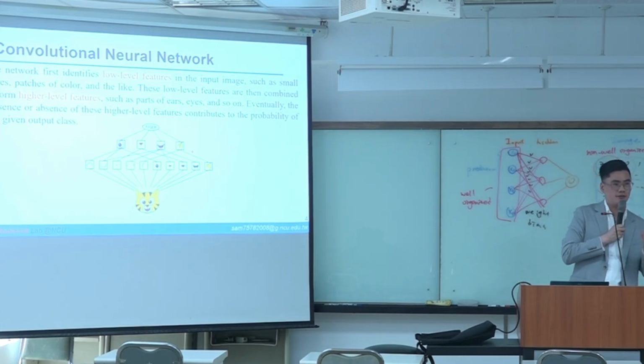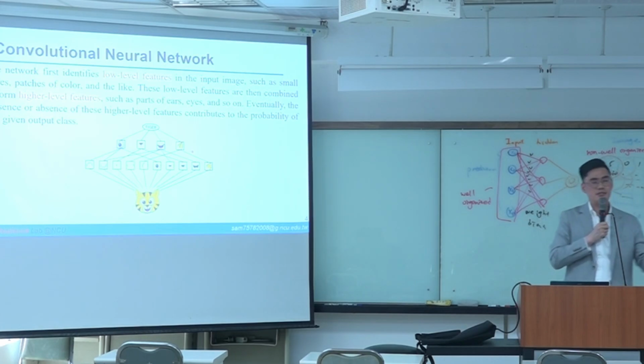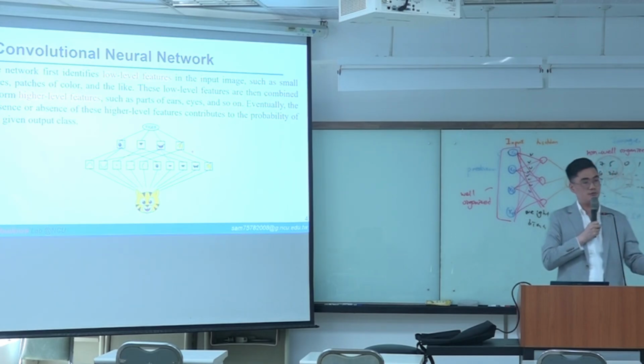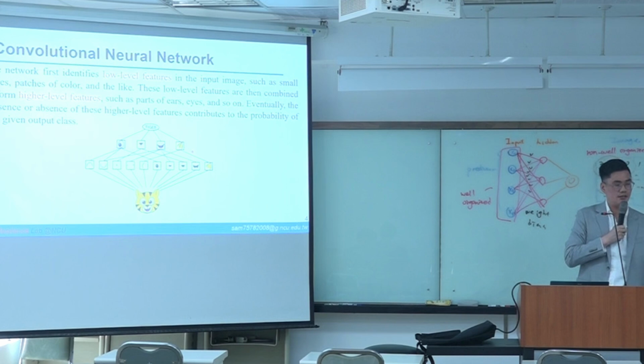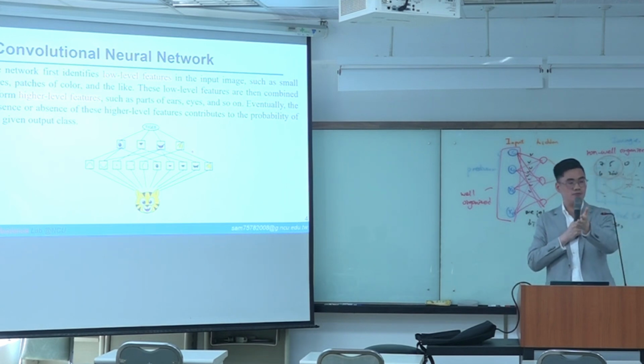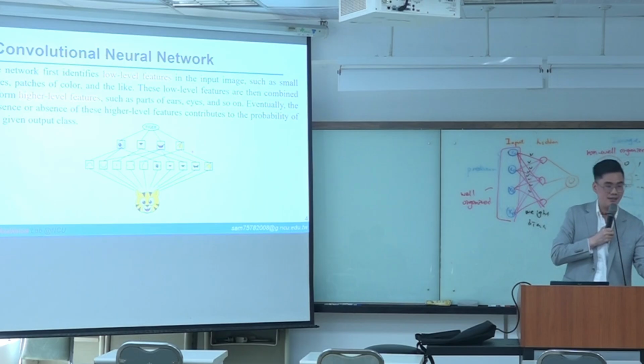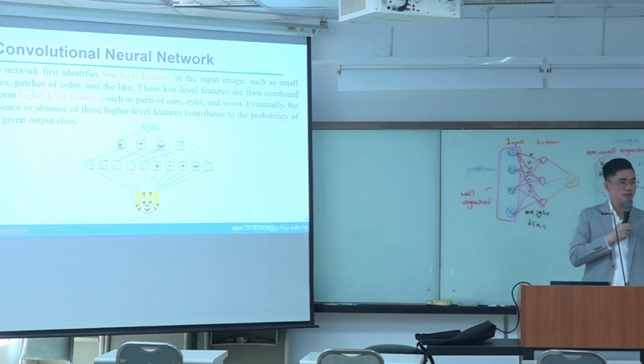But numerically, the computer needs to understand layer by layer, from the lower level features, and then combine them together into higher level features, and then realize that, hey, that's a so-called eye, or ear, or mouth, or whatever feature is inside that image.